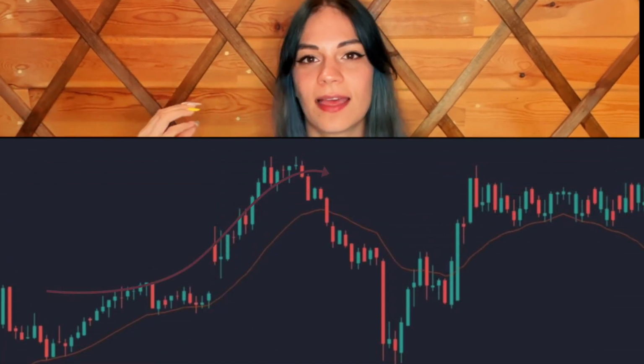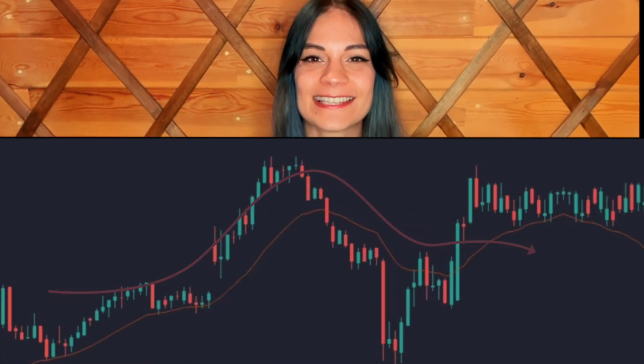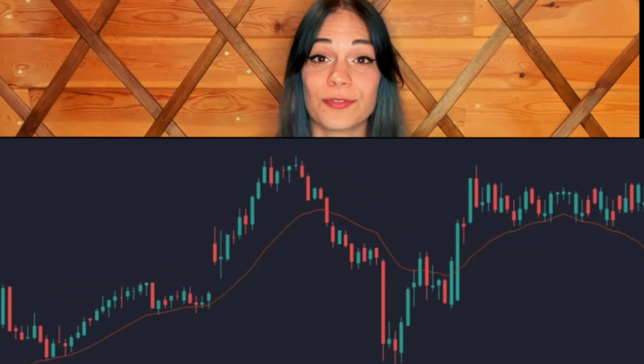To begin with, let's figure out what the moving average is. Simple moving average is a technical indicator that essentially takes all the price values for a specific period of time and smooths them into one line. In other words, this is the average value of the price.